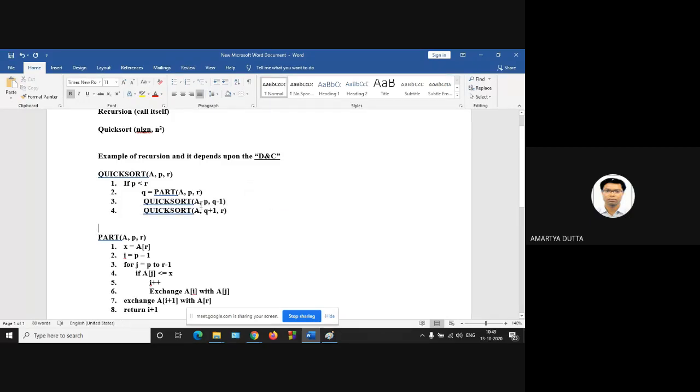This is the recursive call, which calls the quick sort function itself, but in a smaller version. Why smaller version? Because the first argument is P and the domain size reduces. P is the first one, and the last one was R. Here the last one is Q minus 1.